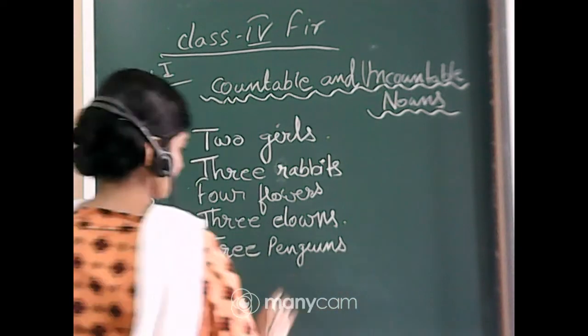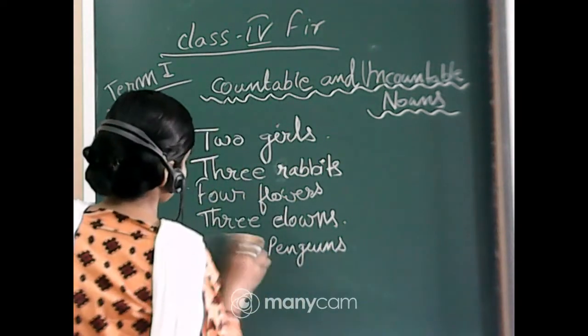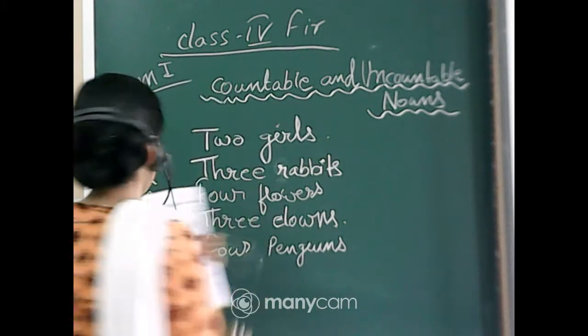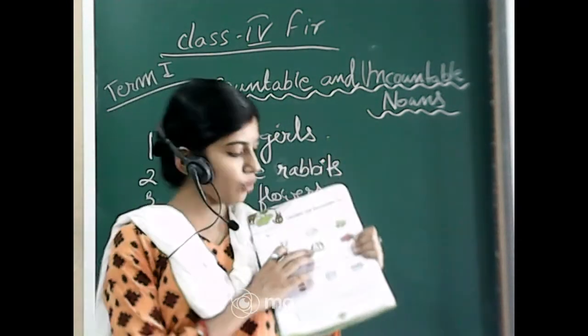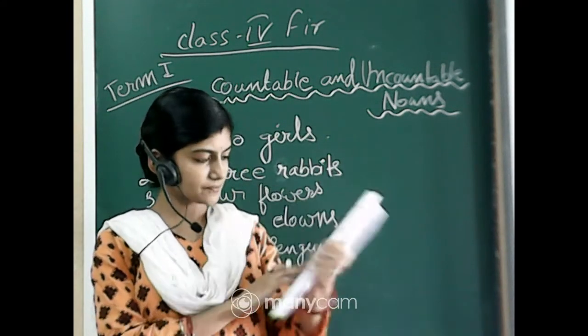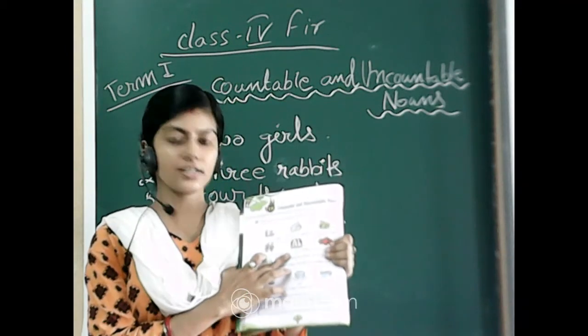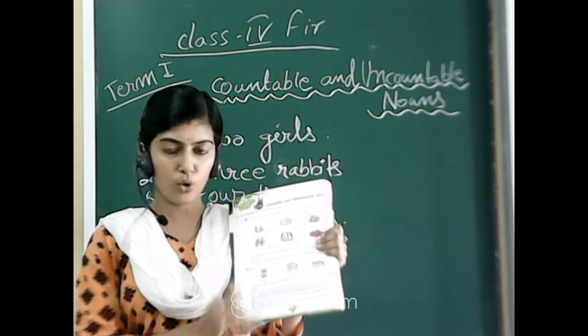Oh sorry, yes, 4. Number 4 is very little. So there are 4 penguins, 1, 2, 3 and 4.